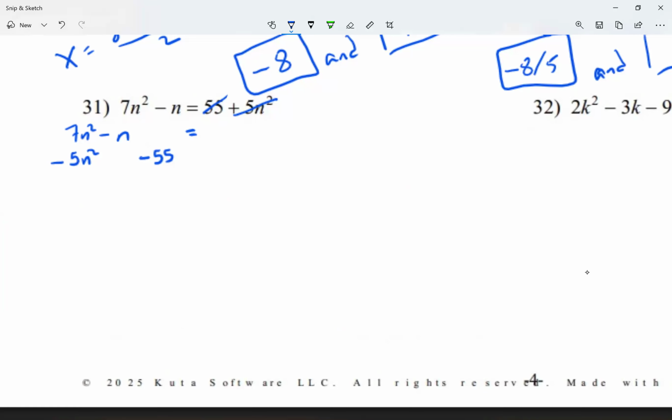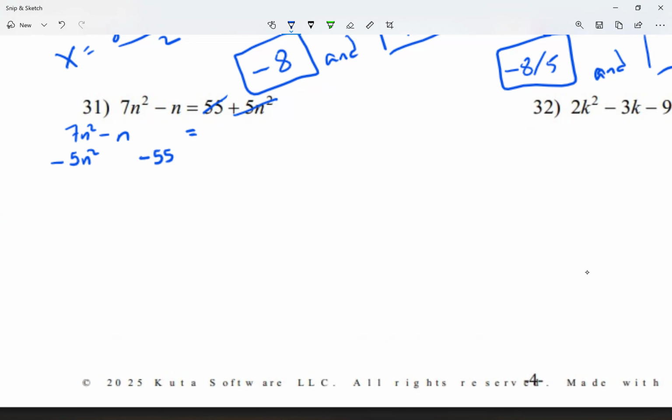Now, one thing I want you to notice, I was lining up like terms. The n squares, look, I lined them up together. Those that had the n, and then those that don't have a letter.